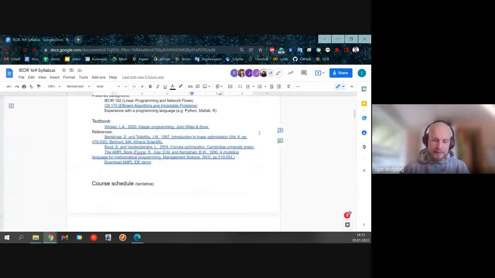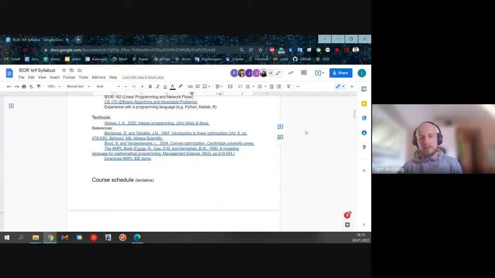Also, as additional materials, since some of the topics will be about convex optimization or linear programming, there are a couple of books listed here, and there are also a couple of resources on a separate software called AMPL. I do not plan to use this software throughout the course, but for your information, the rest of the courses in our department normally use this AMPL software.